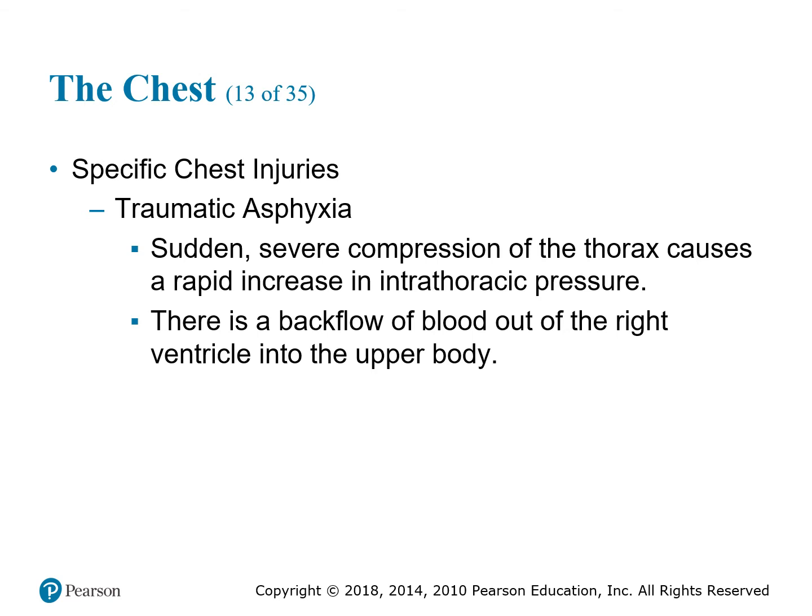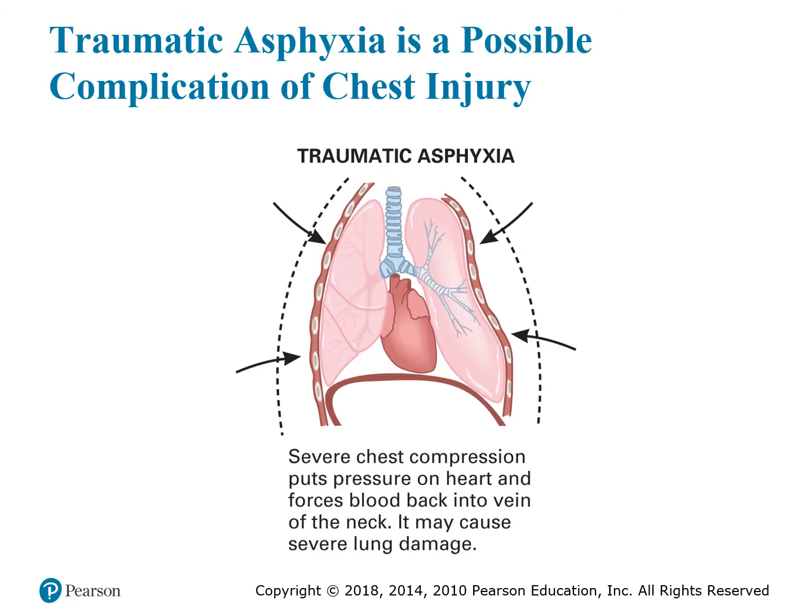We're going to see purple lips. We're going to see bulging of the eyes. We can have crackles, pulmonary edema that's occurring from blood backing up from the left ventricle to the lungs. But in a sense, blood is flowing backwards in the body. Okay, and that's due to that rapid compression of the thoracic wall.